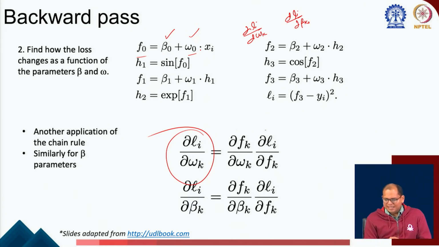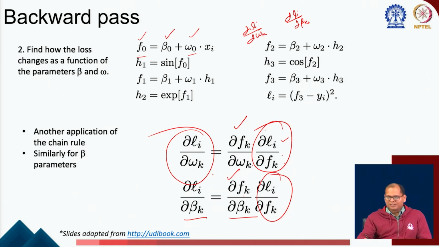For that I can see I have done it for dou Li over dou Fk, and then by again using chain rule I can say dou of Fk over dou of Wk, and this gives me this quantity. So, this I have already computed, this is the new thing I have to compute. Same way for beta k, dou Li over dou Fk is done. Now, I have to compute dou of Fk over dou of beta k.